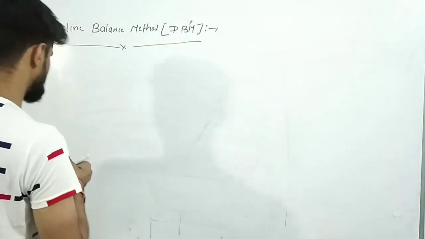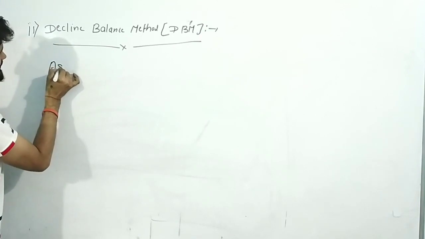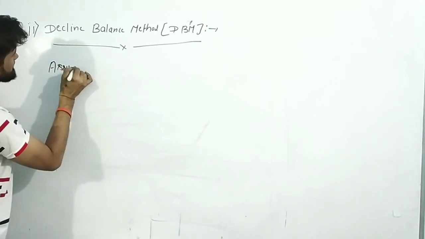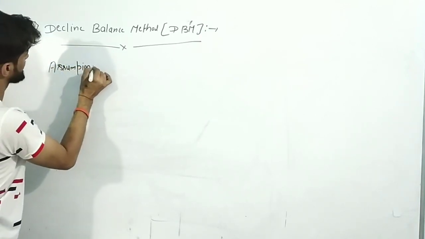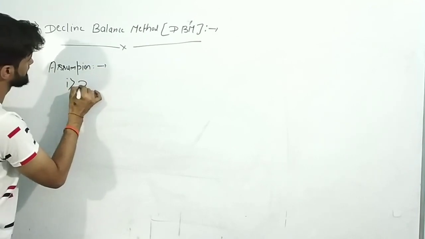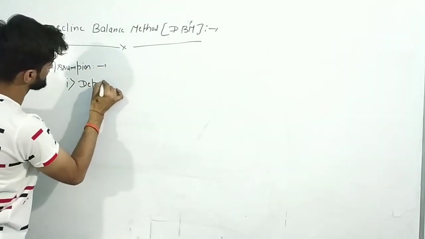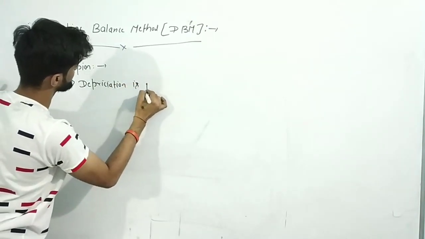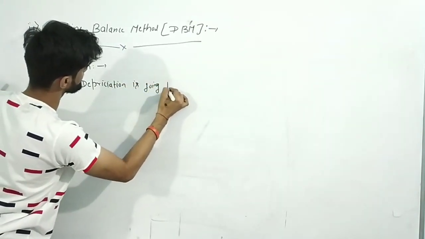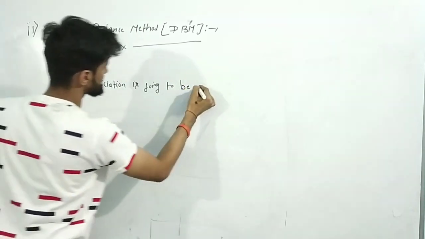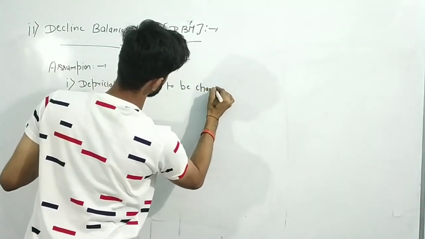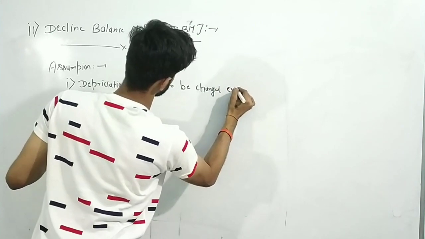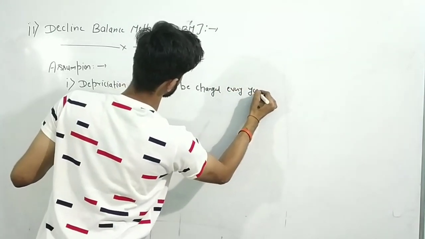So I am writing the assumptions. This is the major assumption in the declining balance method. First point: depreciation is going to change every year.